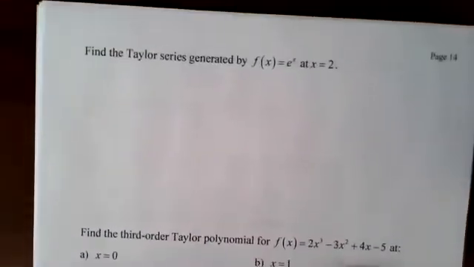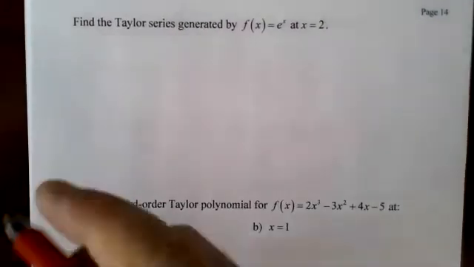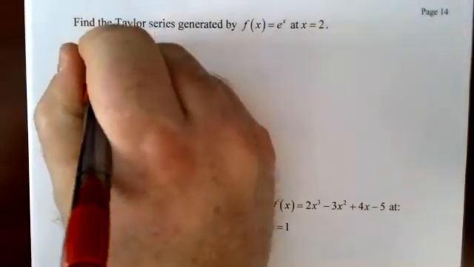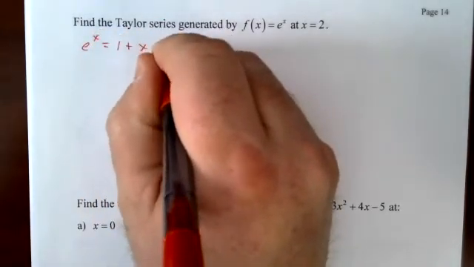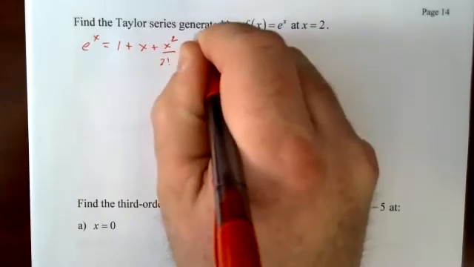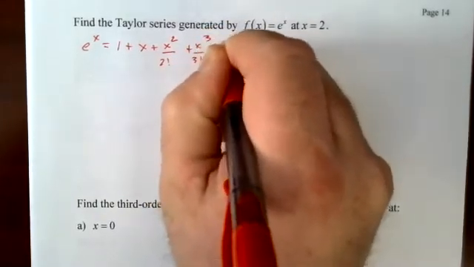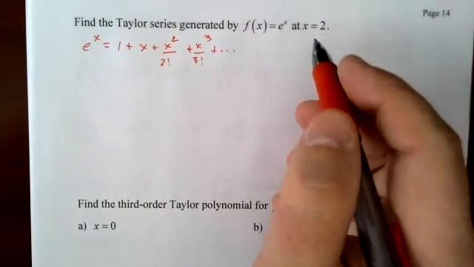All right, let's do the Taylor series generated by e to the x at x equals 2. I happen to know e to the x equals 1 plus x plus x squared over 2 factorial plus x to the 3rd over 3 factorial, dot dot dot. Trust me on this one, and we'll explain why later. Now we want to do it at x equals 2. Well, we need some derivatives.